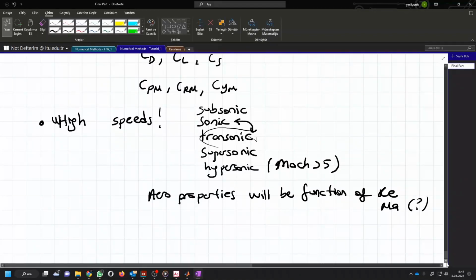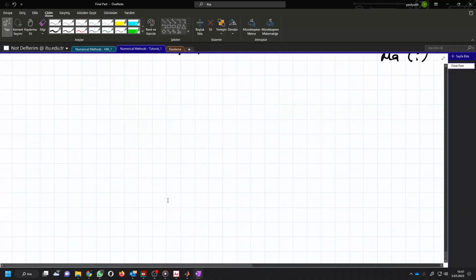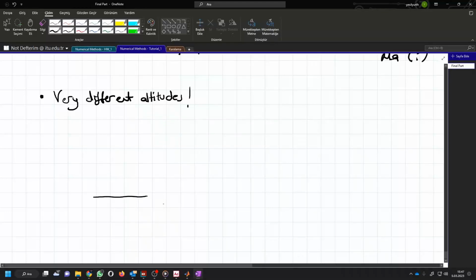So what else can we say? We will be going at very different altitudes. Which means you will have sea level, maybe beyond atmospheric level.